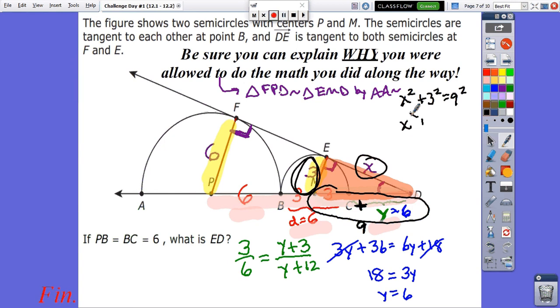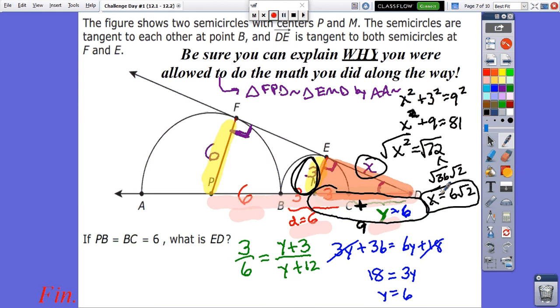X squared plus 9 equals 81. Subtract the 9 over to the 81 and end up with 72. Square root that. Best breakaway would be 36 times 2 is 72. And the square root of 36 is 6 with our root 2. So the length from D to E is 6 root 2. And there's the last problem.